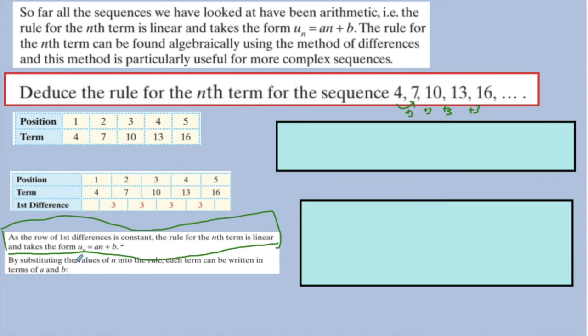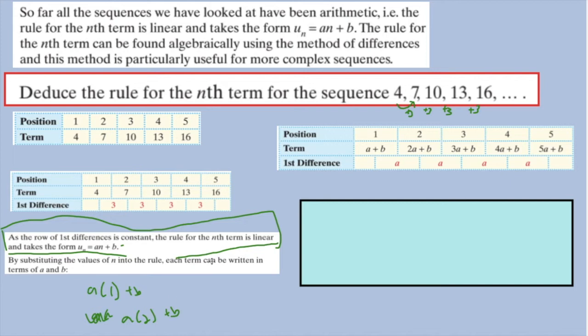So by substituting values of n into the rule, each term can be written in terms of a and b. All I'm going to do is take n as 1, so I'm going to go 1 times a plus b, and 2 times a plus b, and so on.